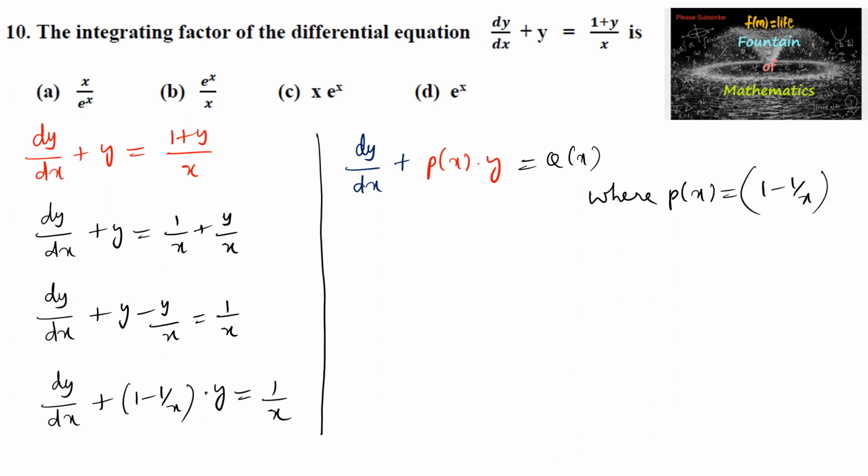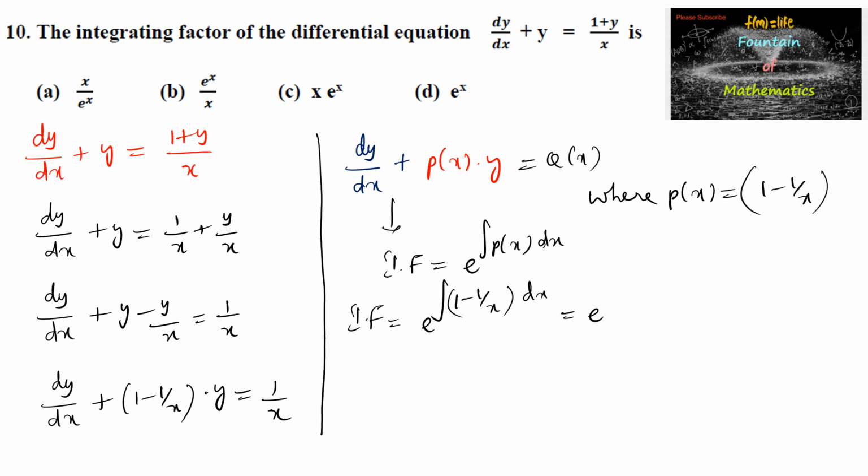And we know that integrating factor for this equation is e to the power integral p of x dx. So integrating factor is equal to e to the power integral 1 minus 1 upon x dx, which is equal to e to the power integration of 1 dx is x minus integration of 1 upon x is nothing but log x.